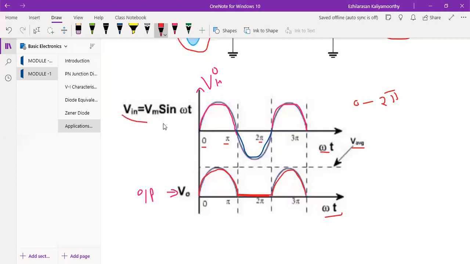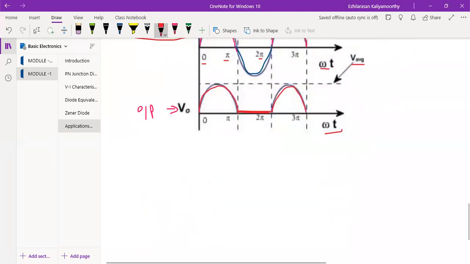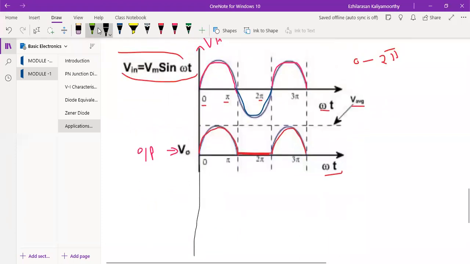Now your Vin is this. Now what about the current? This is in terms of voltage. What about the current actually? The diagram will be like this. I can write it this way, or even like this. For the input current also, I can write Im sin omega t.